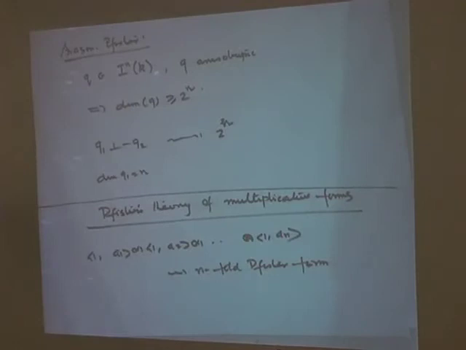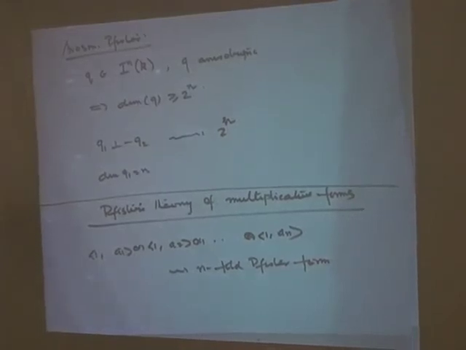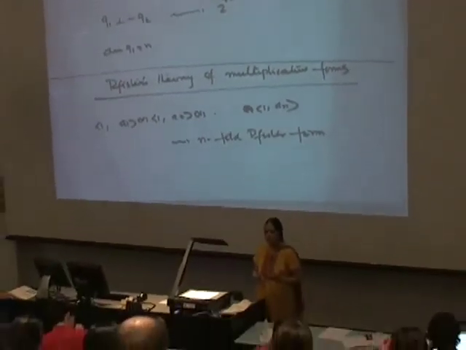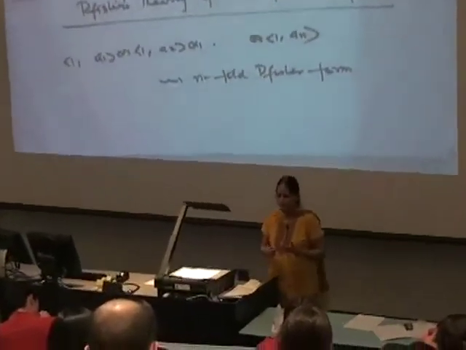Not only that, what Pfister did was to characterize all multiplicative forms. So you can ask, what are all the quadratic forms with the property that the non-zero values form a group? It is multiplicative with respect to product for values. Of course, if the form is isotropic, it contains the plane <1, -1>.